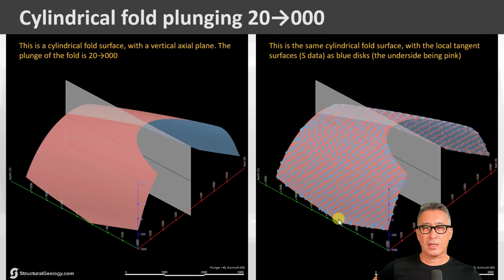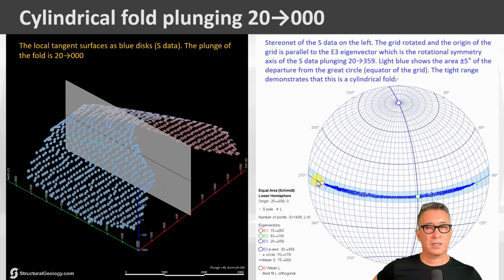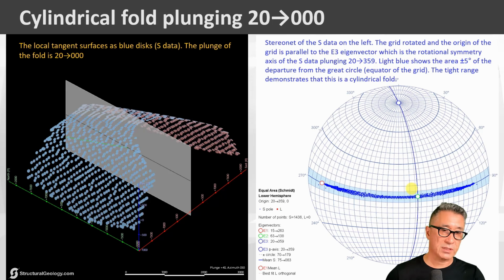Okay, if you have a plunging fold to the north at 20 degrees, then you have this, and you take the tangents, and then if you plot that, they plot along here. Now, notice that I've rotated the grid with the symmetry of the data itself.